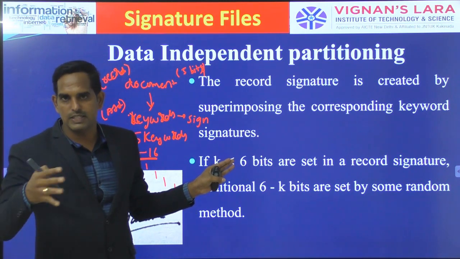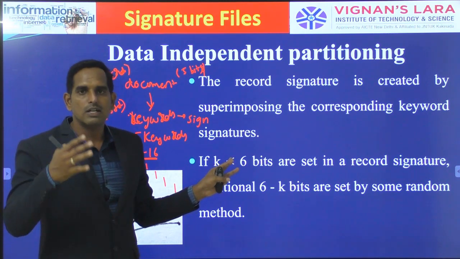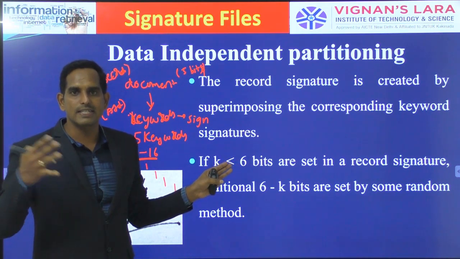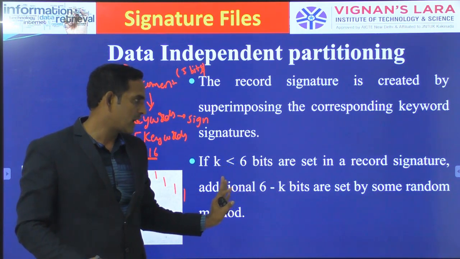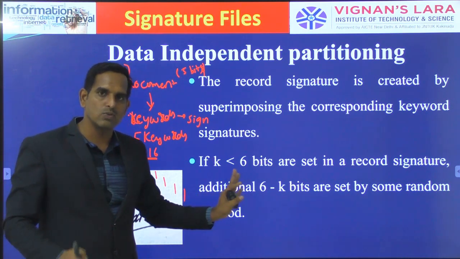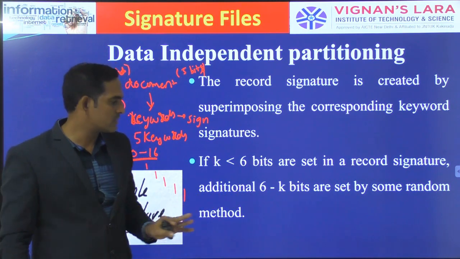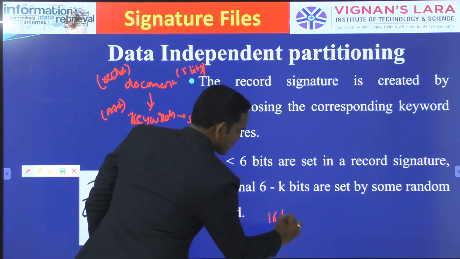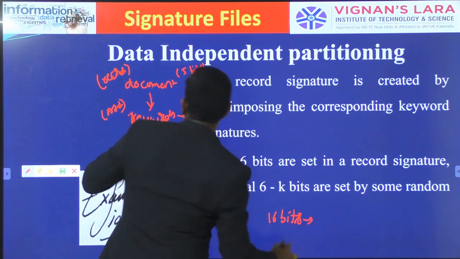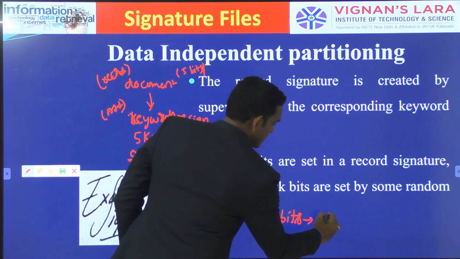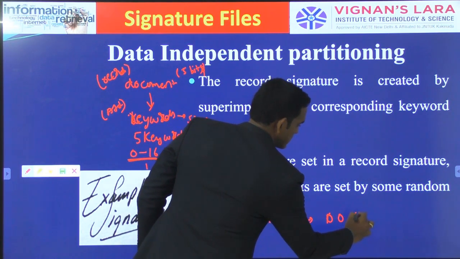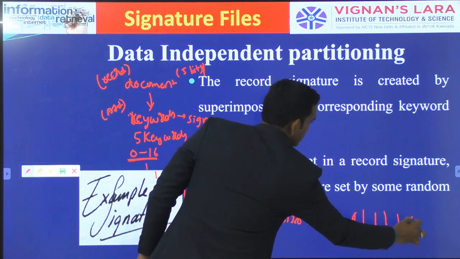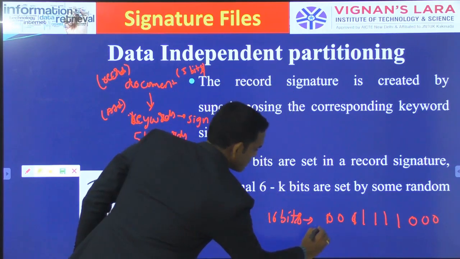So the other 3 positions will be set randomly by using some hash function. Some random method is used to set the remaining bits. So what we are saying is, out of the 16 bits in your document signature, at least 6 bits have to be set to 1.